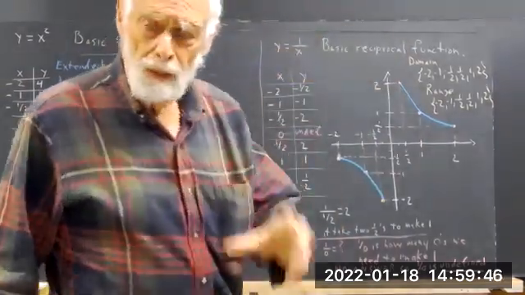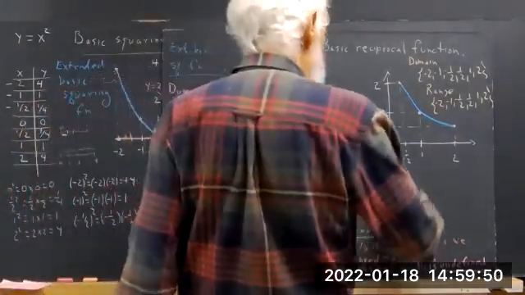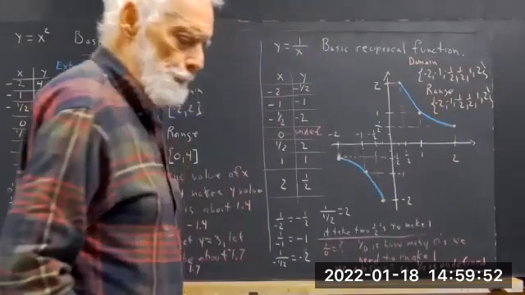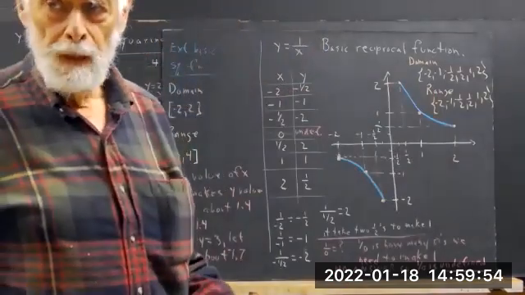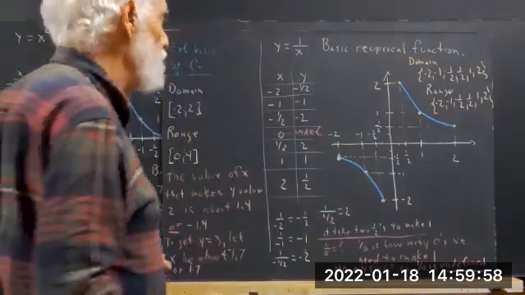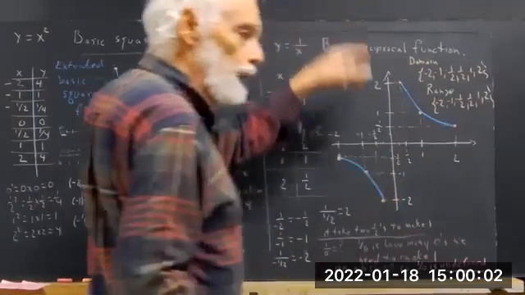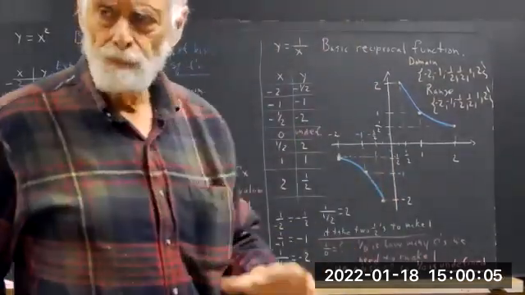Now, people will want to connect this point to this point. Well, it's not okay. You don't do that. Why don't you do that? Because to connect this point to this point, we've got to go through the y-axis.